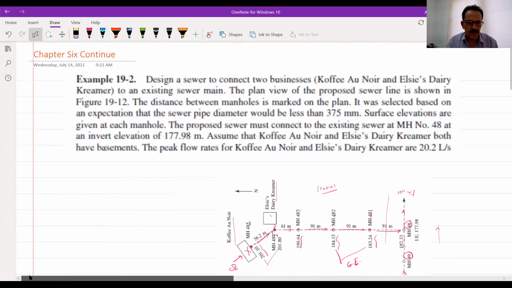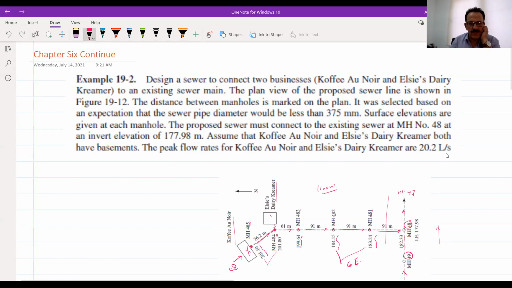The peak flow rate from the coffee and the dairy creamer is 20.2 liter per second.